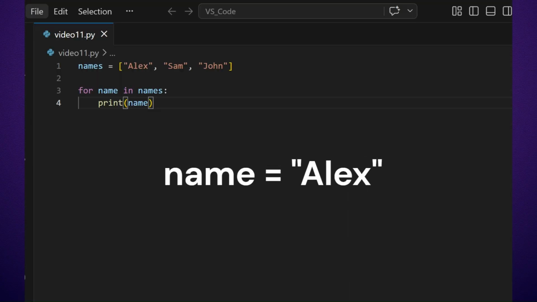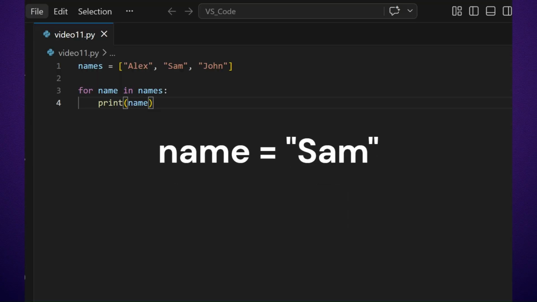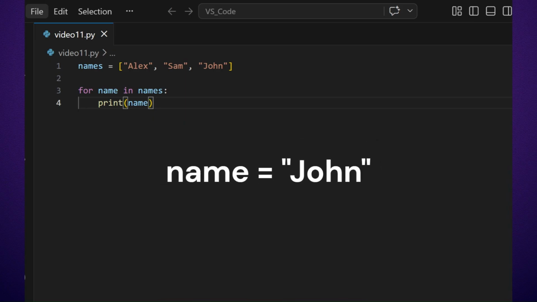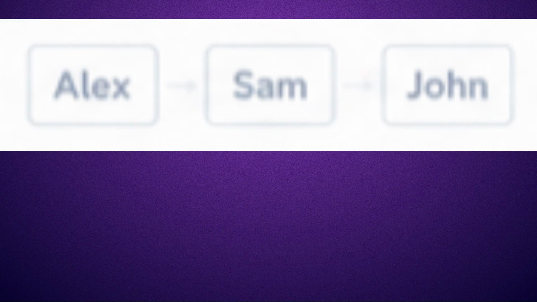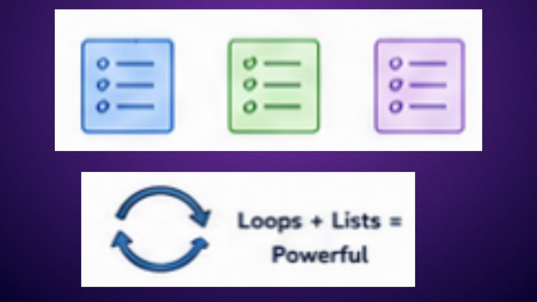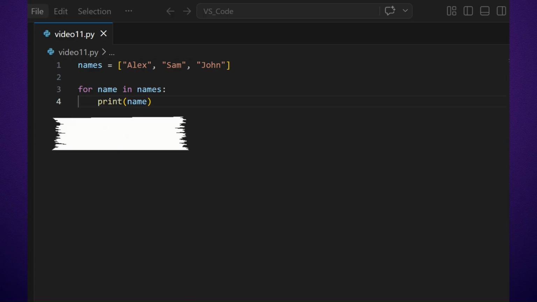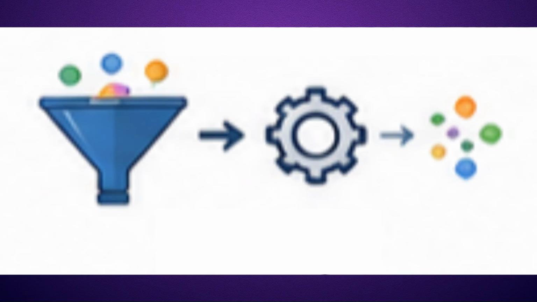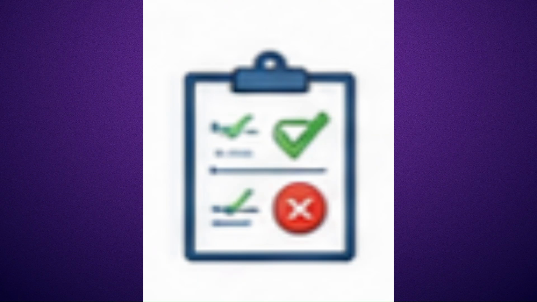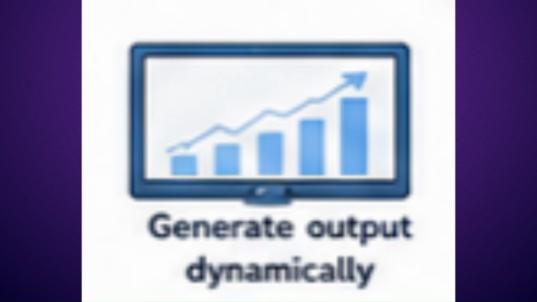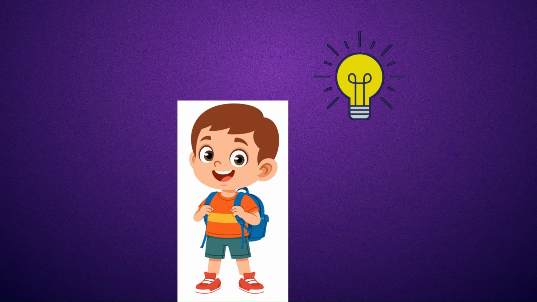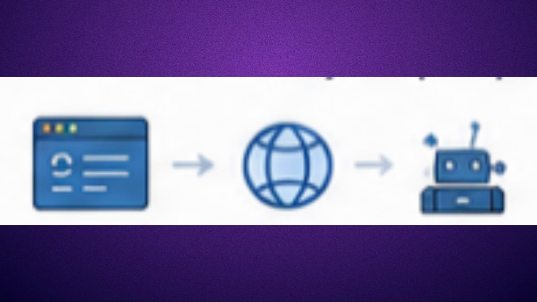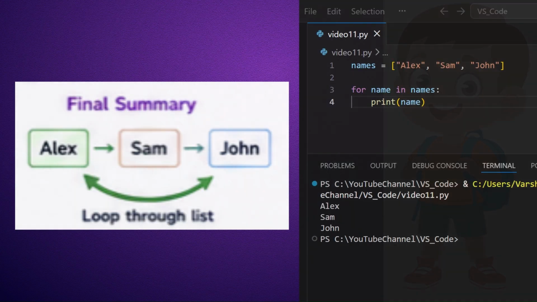In the first iteration, name becomes Alex. In the second iteration, name becomes Sam. In the third iteration, name becomes John. The loop stops automatically when the list ends. This pattern is extremely common. Almost every Python program uses loops with lists to process the data, validate the input, or generate the output. Once you understand this, many complex programs start to make sense.